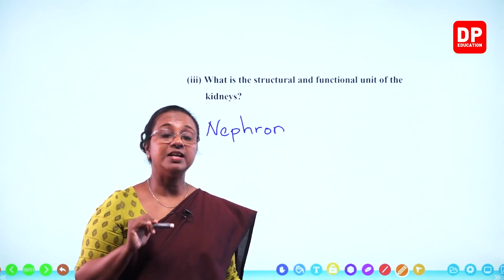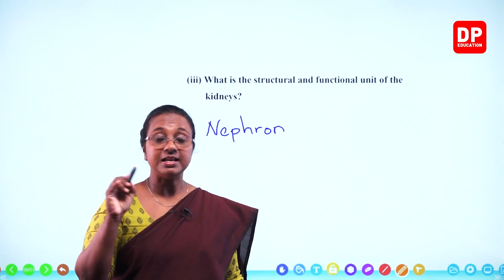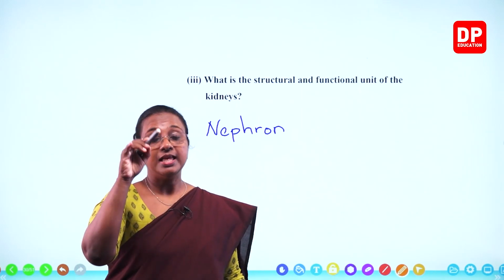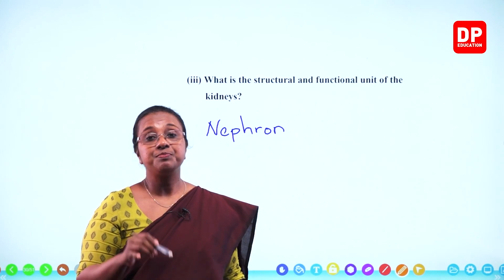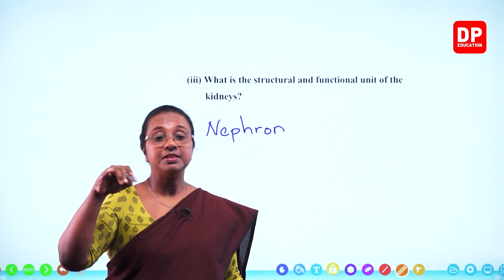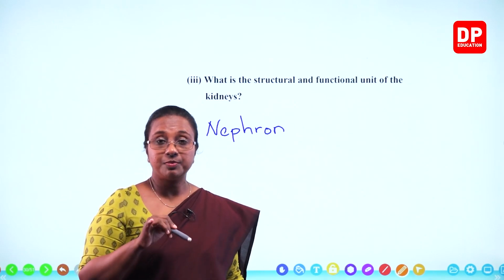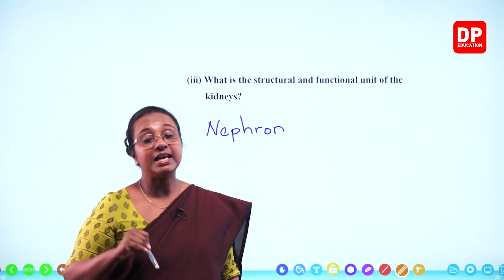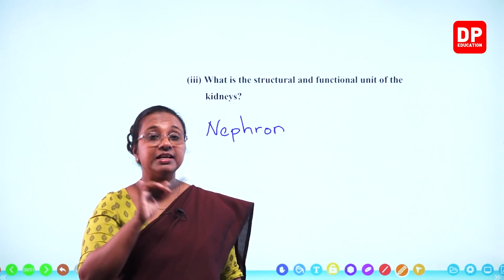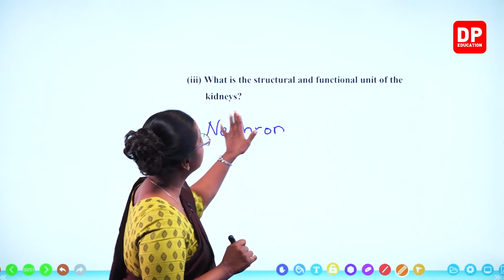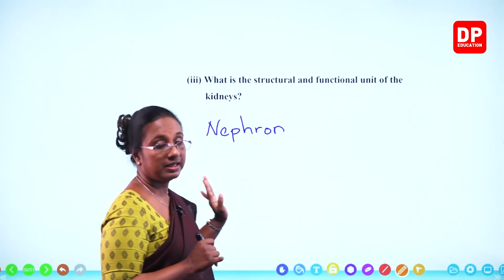In between you have the network of capillaries, that is the glomerulus. With that, the Bowman's capsule, then the ascending limb, the Henle's loop, the descending limb, then the proximal and distal convoluted tubules, and the collecting ducts. All together is a nephron. So that is the structural and functional unit of kidneys.